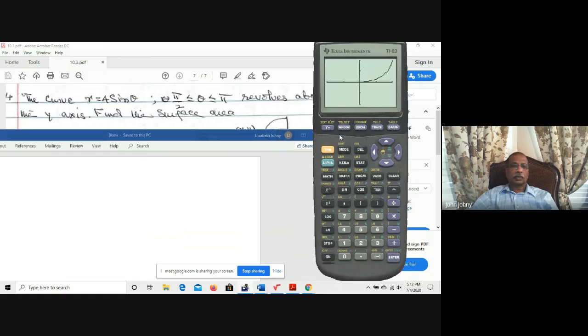You have to change the window. The window is from pi over 2 to pi. And here, 4 sine theta must be at least up to 4.